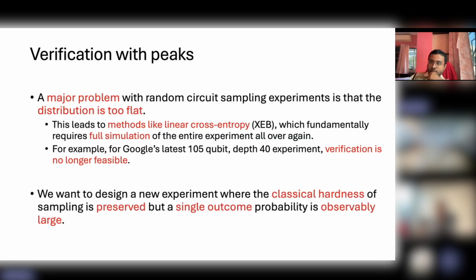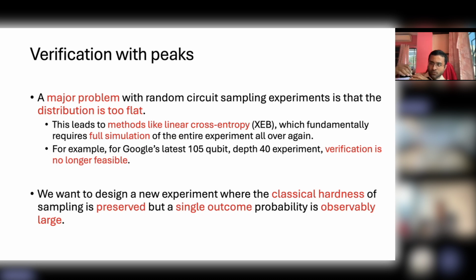And ideally, we would want to design a new experiment where classical hardness is preserved, but maybe verification is easy. So how can verification be easy? Well, maybe we have some output distribution which is extremely peaked on one outcome. So say the verifier knows the outcome from beforehand, but the adversary who's running the circuit doesn't.